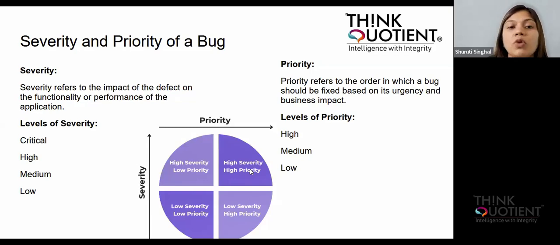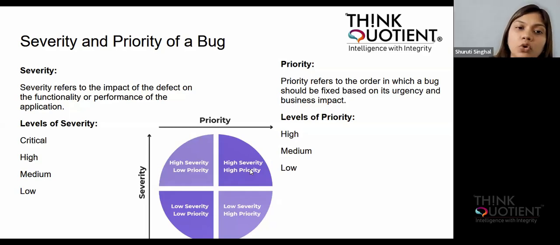Or for example, there is a small pimple on your face. So it is not severe, but it is high priority because you're going to a meeting and it is not going to make you look good. So that is how you can think of real life things, right? So high priority, high severity basically means the key features are not working properly. And high priority and low severity means that the basic feature failed, but it has a huge impact on my customer business.